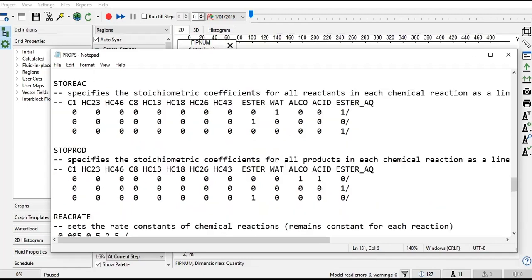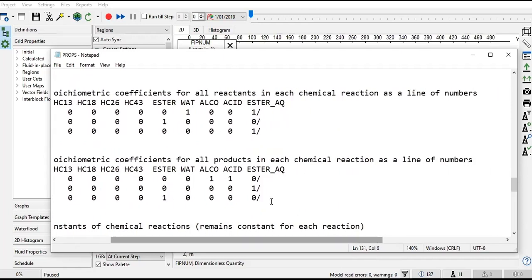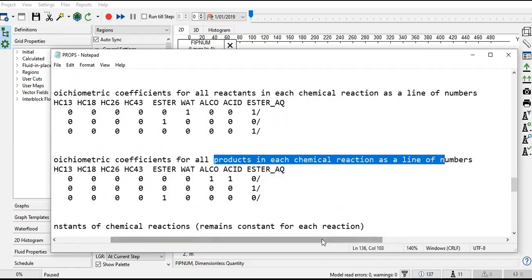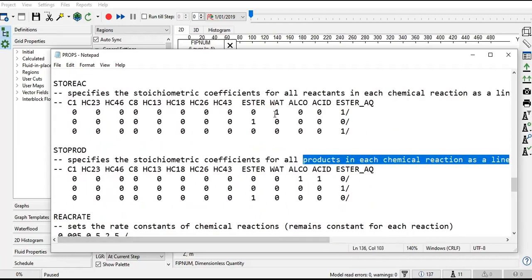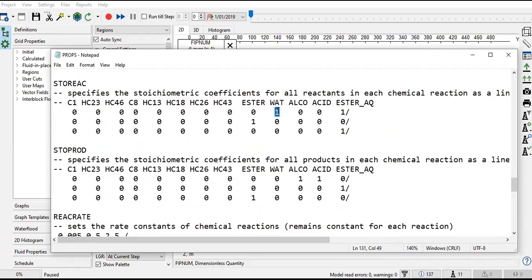And stop rod, this specifies the stoichiometric coefficient for all components. I mean all products in each chemical reaction. So for example, water will be consumed in the reaction, ester aqueous will be consumed in the first reaction, but we will produce alcohol and acetic acid from the first reaction.